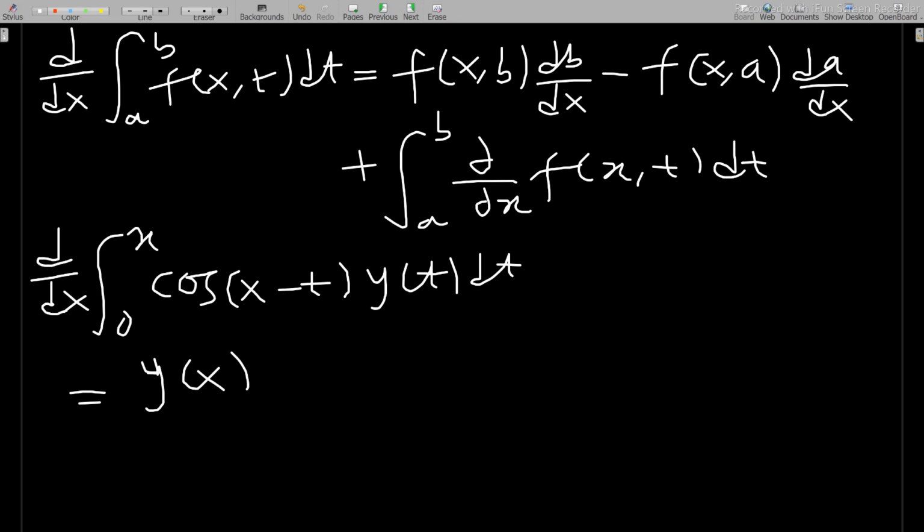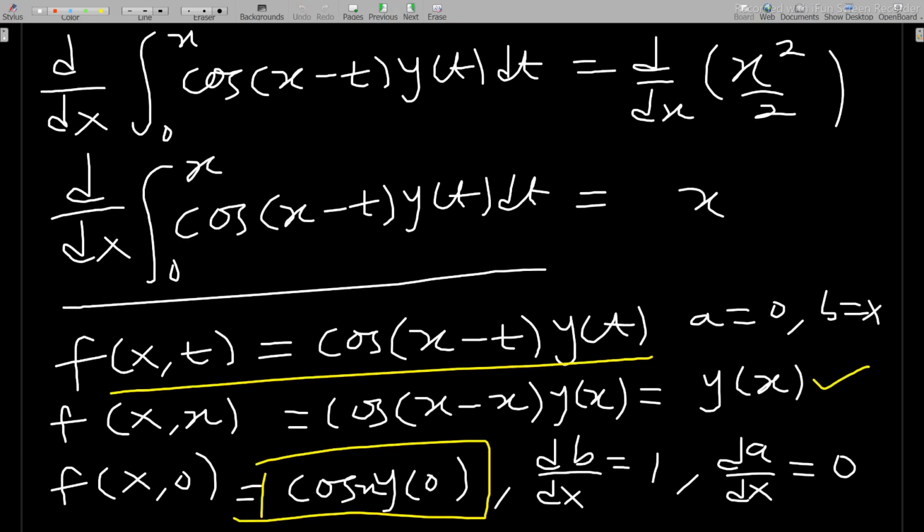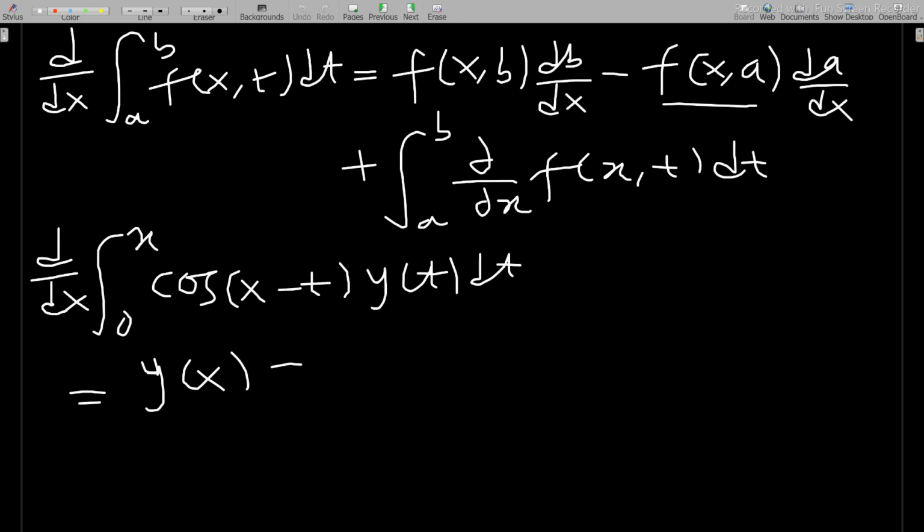And then db/dx was given as 1 because b was x, and so when you differentiate with respect to x, you get 1. And minus f of (x, a) is the same as f of (x, 0), and that is this one, the one that I've covered with the box, okay, in the orange or yellow color, whatever it is. And you go through it, you put it there. But if you remember, da/dx is actually d0/dx. That is the differential of 0 with respect to x, and that gave us 0.